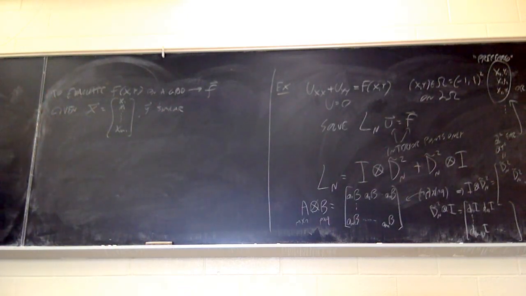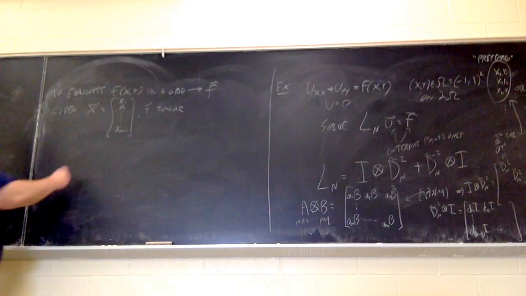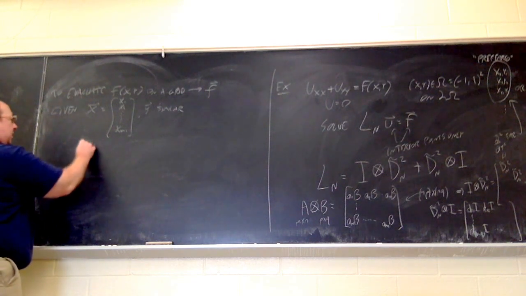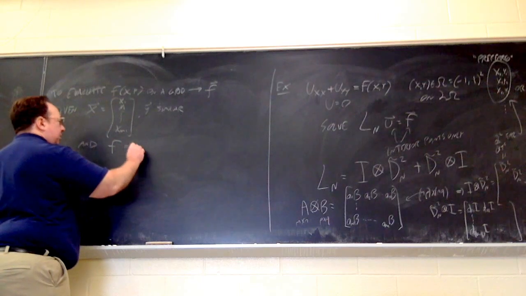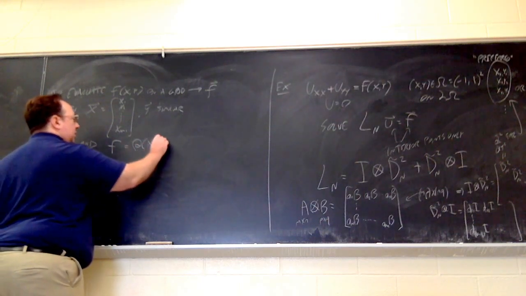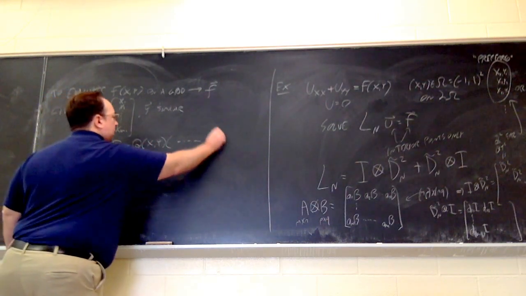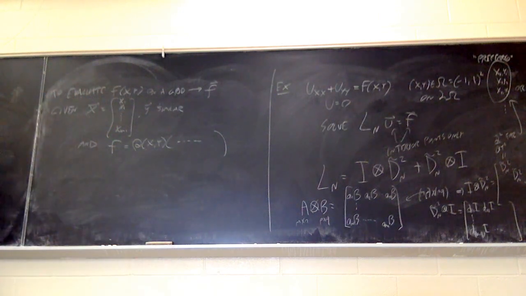Okay, so I have those vectors in MATLAB, and also given a function handle, so I have a function handle f that I can use to evaluate f at any point x, y.